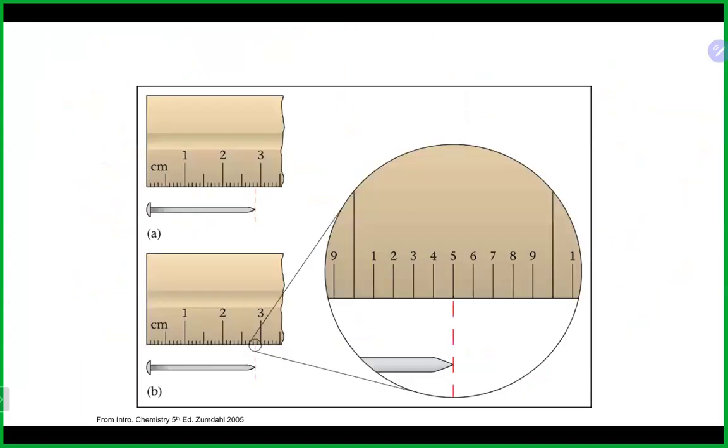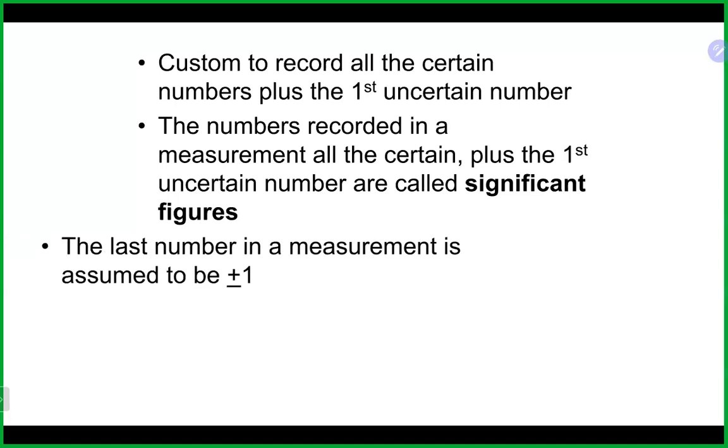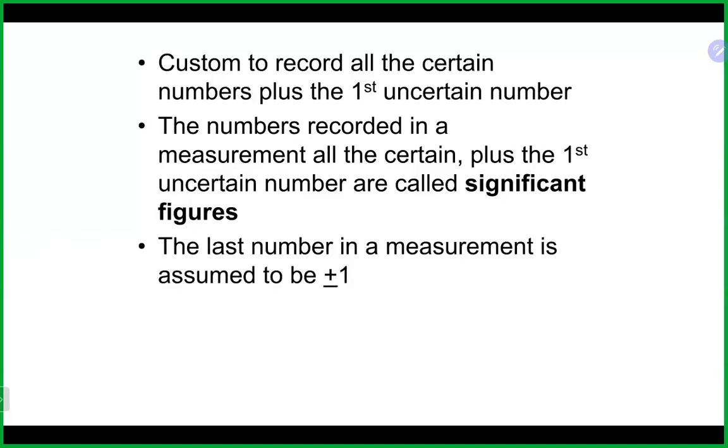All right, then let's continue on here. As I mentioned before, it is customary to always record that first uncertain number along with all the certain numbers. And that's really going to give you the proper number of significant figures for your measurements. And again, the uncertainty lies in that last significant figure.